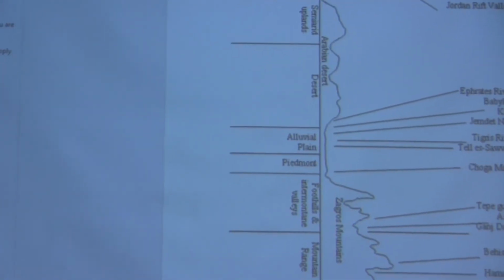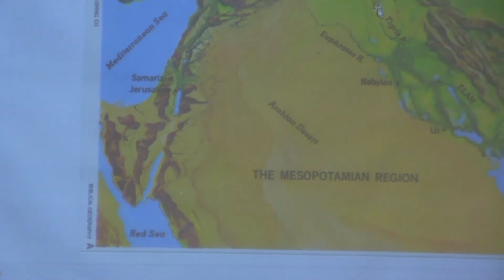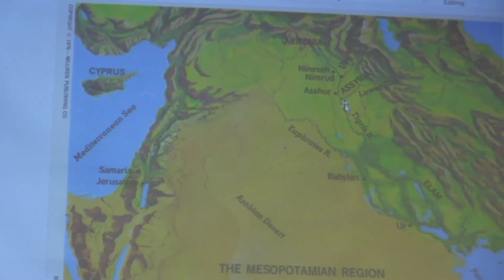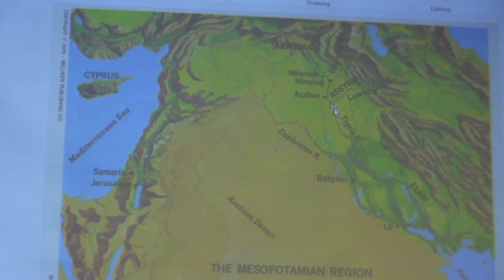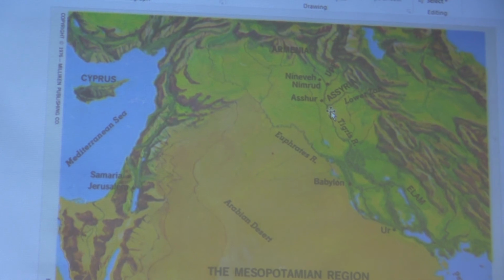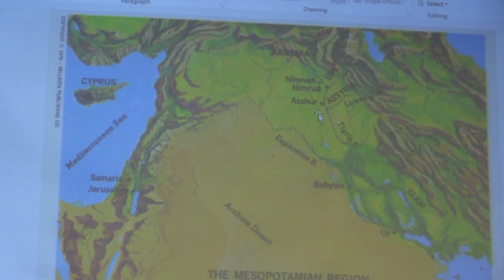But then we come east of that great desert region, and we come to the eastern part of the Fertile Crescent, which, as you can plainly see, is exceptional farmland. We'll talk about that more later on as well. And this is fertile not because it gets so much rainfall.